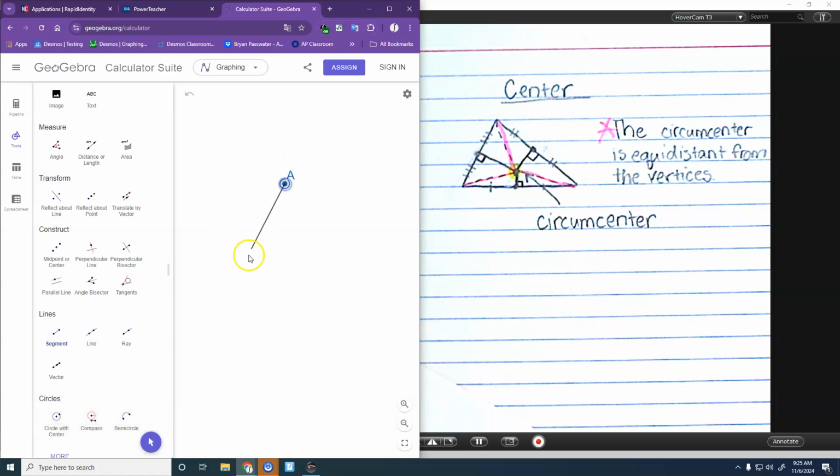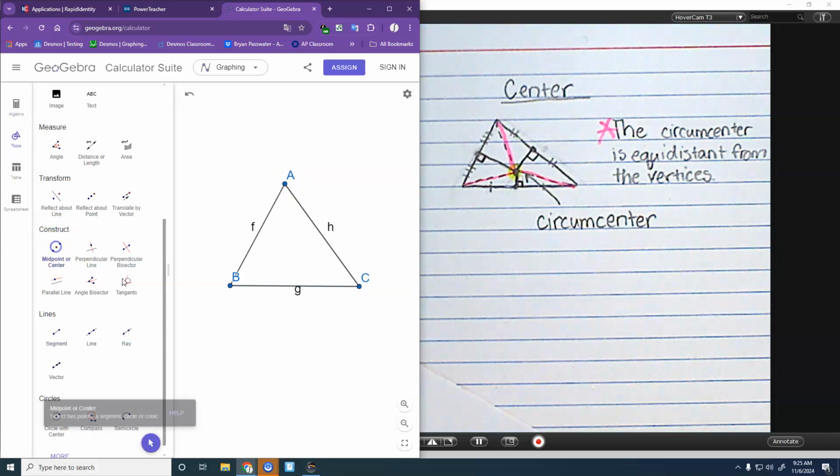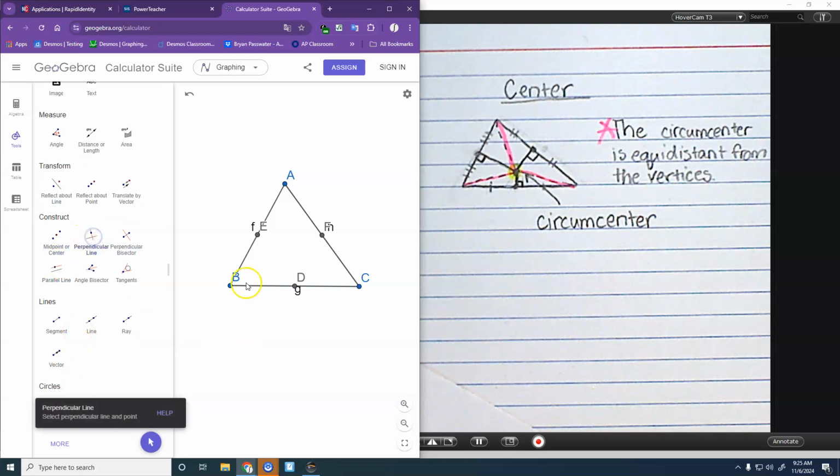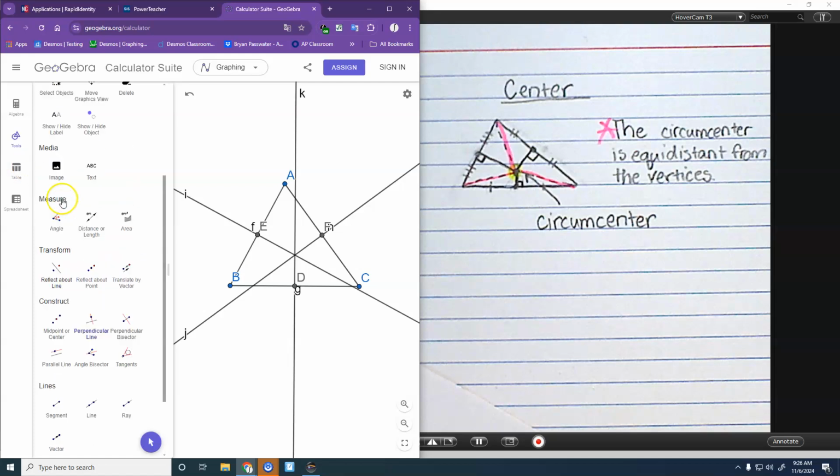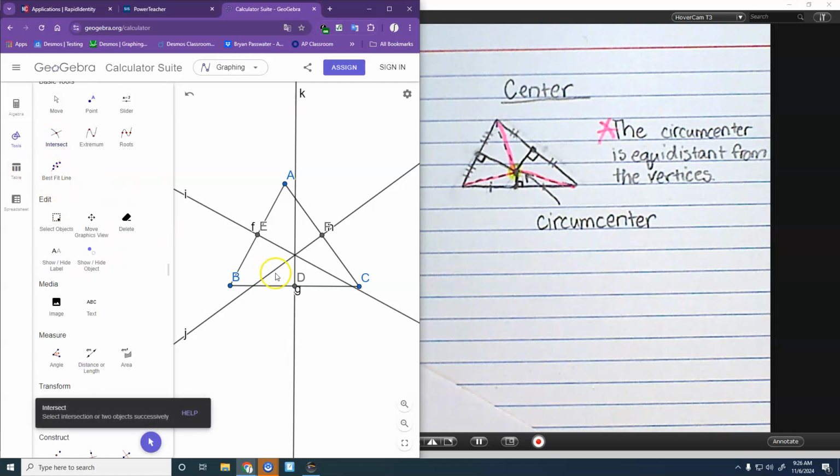So if I put in a triangle here, this program will let me find the midpoint of each side. And then I'm going to construct a perpendicular line for each one of these. And then I'm going to tell it to intersect.